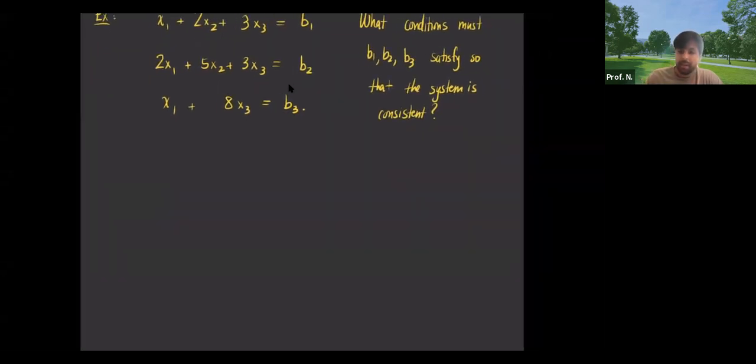So the same thing again, right? I'm going to have the matrix 1, 2, 3, 2, 5, 3, 1, 0, 8, and this becomes B1, B2, B3.